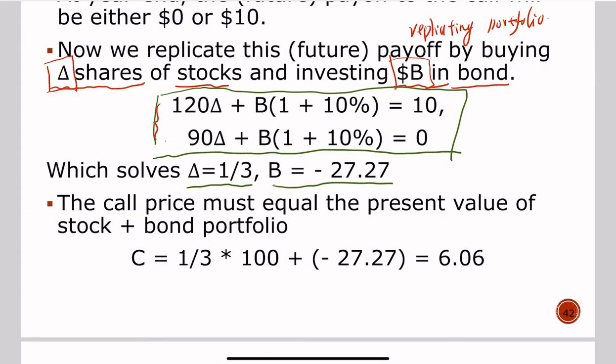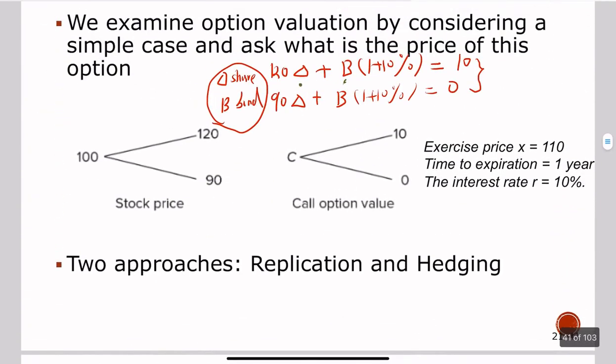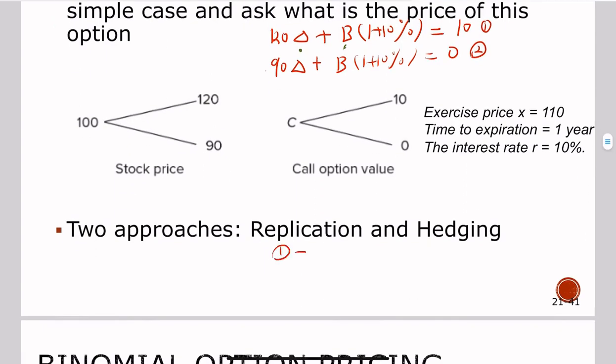You might want to know how I can solve delta and B. So let me show you. Let's call these equation 1 and equation 2. What you're going to do is use equation 1 minus equation 2.